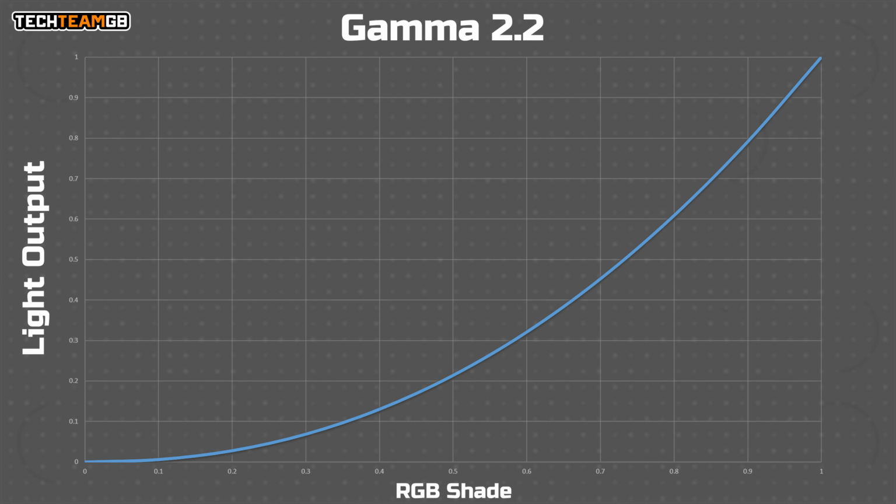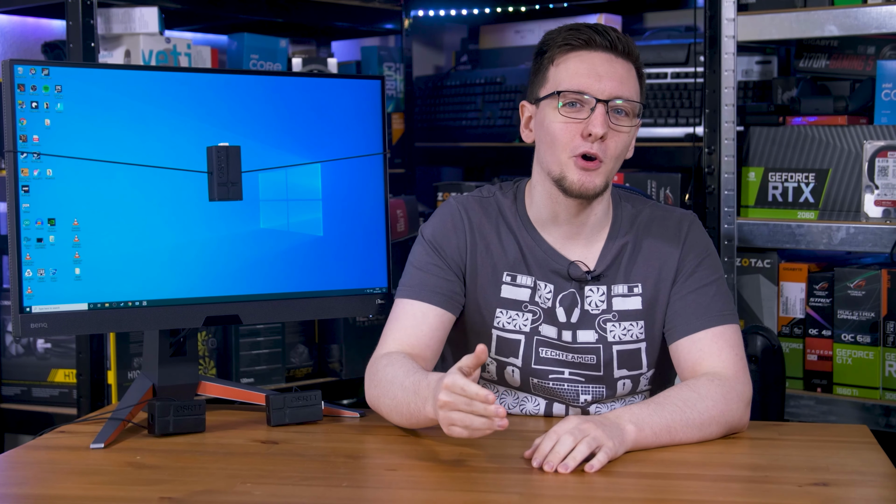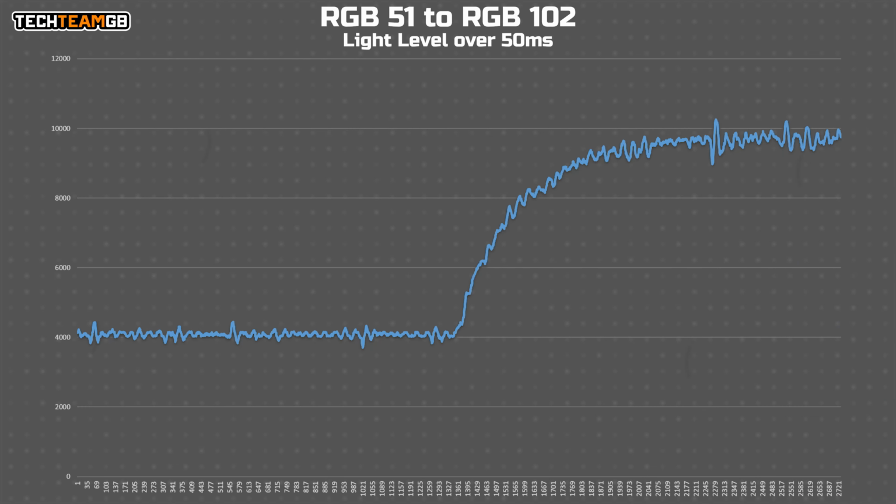As you can see, there's less light output difference down at the bottom and much more up top. This will be pretty important later, but anyway, by measuring the light output over time, we get a nice graph like this. This is the same RGB 51 to 102 transition we just saw, but viewed as the light output over just 50 milliseconds.